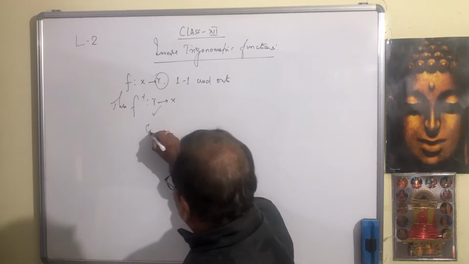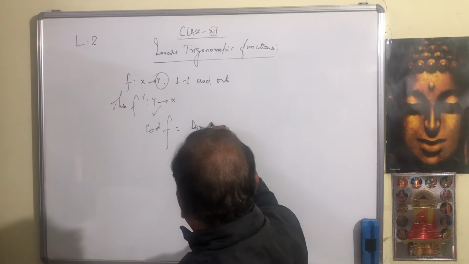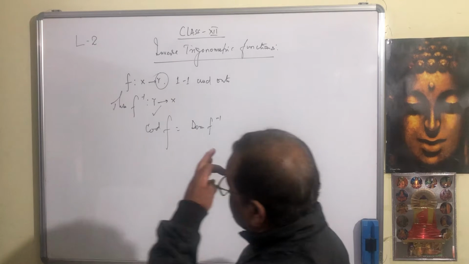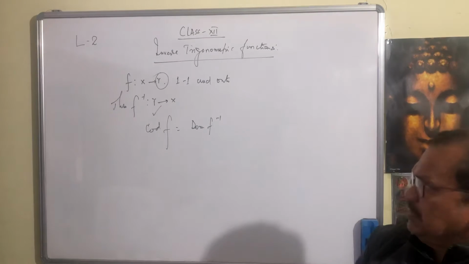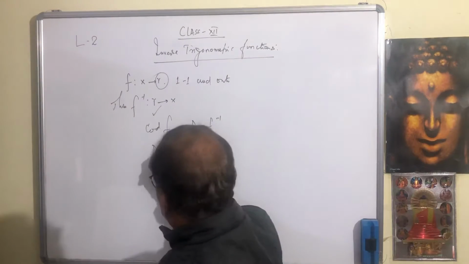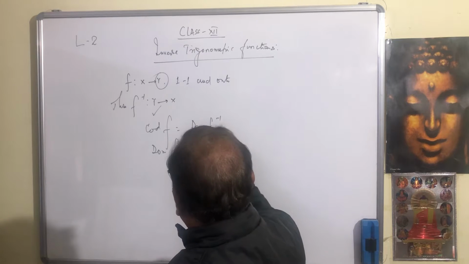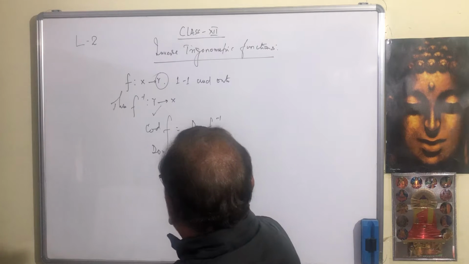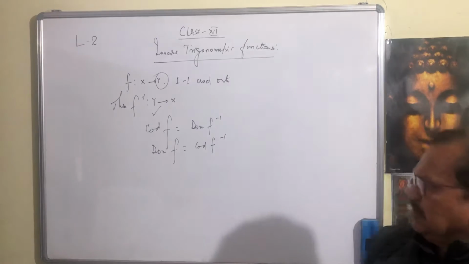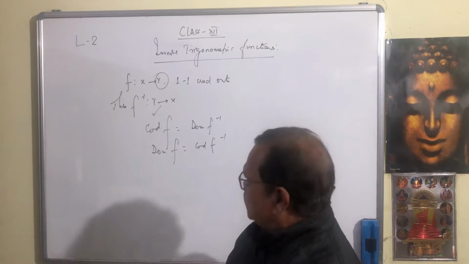That means codomain of f is equal to domain of f inverse, and domain of f is equal to codomain of f inverse. So this is the discussion we had made in the last discussion.